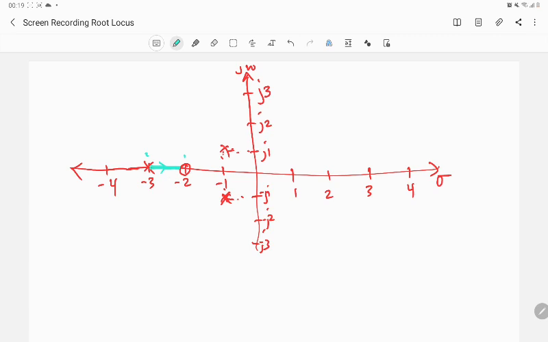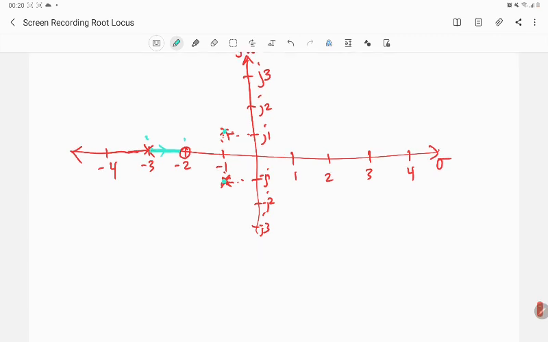Then there will be 2 root loci originating from these complex poles and departing along some lines, asymptotic lines.